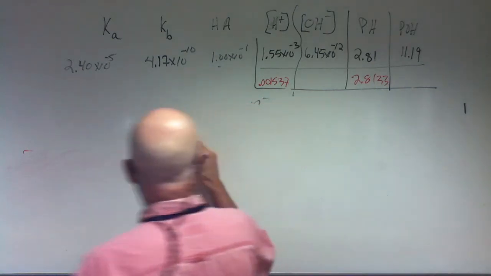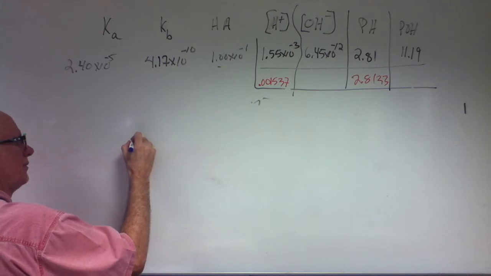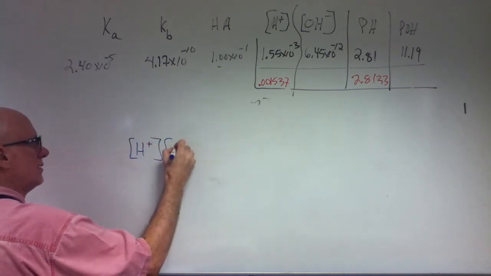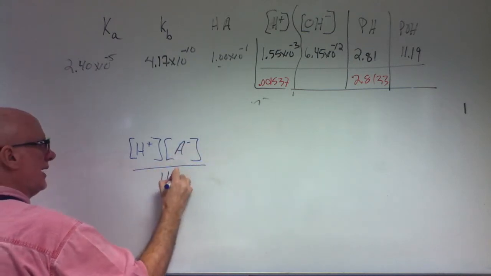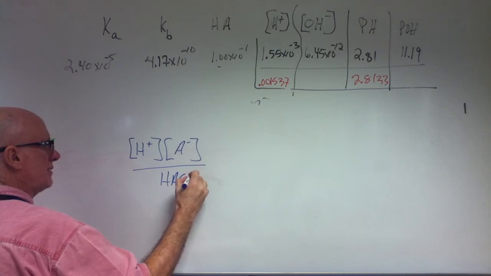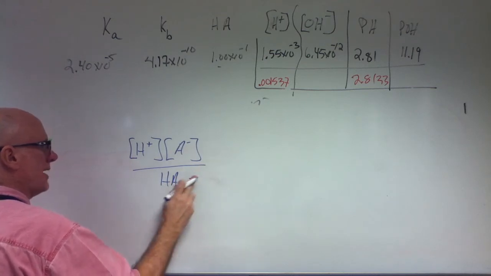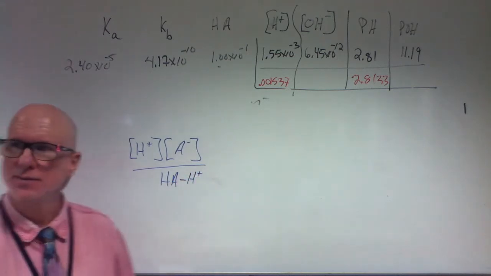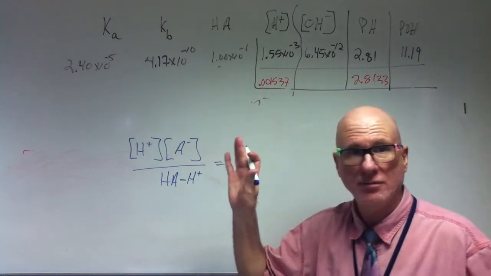So in other words, it's going to be H plus times A minus over HA, correct? Isn't that correct? Yes, sir. Okay, good.